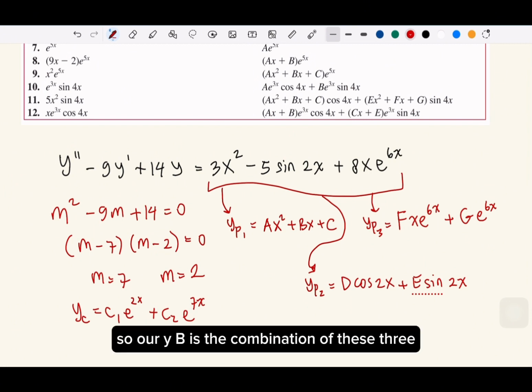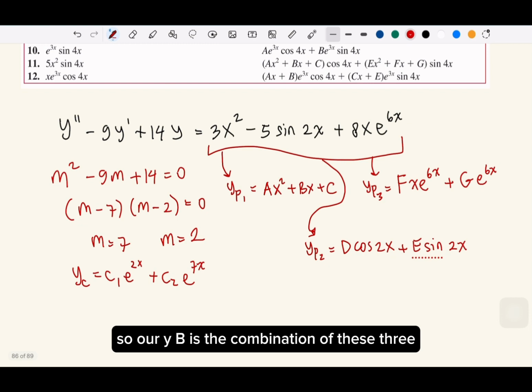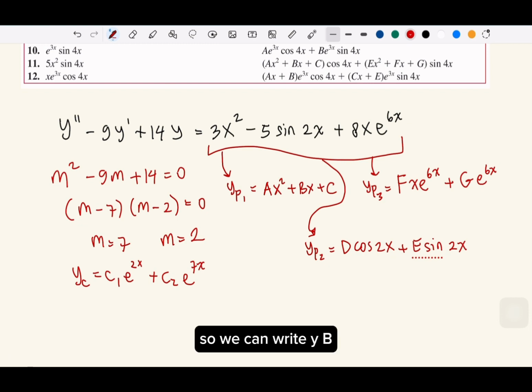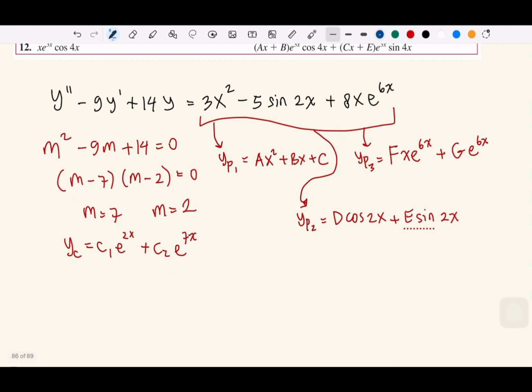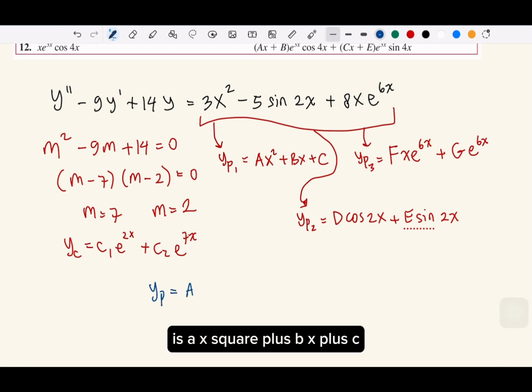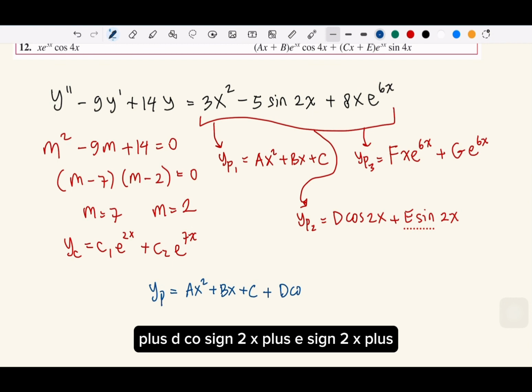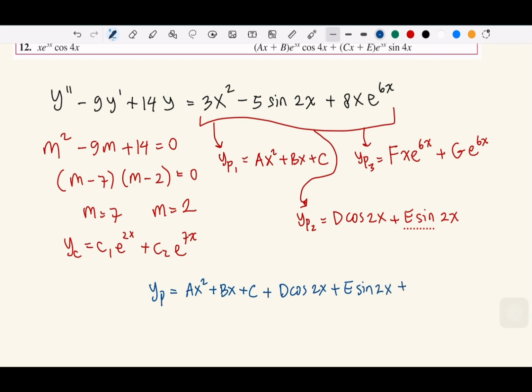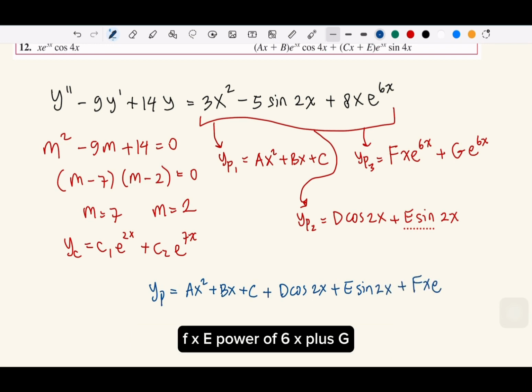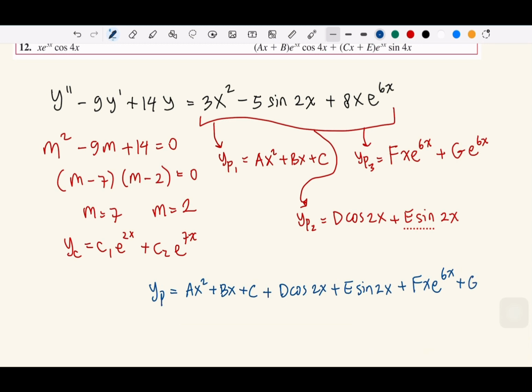Okay, so our yp is the combination of these 3. So we can write yp is ax squared plus bx plus c plus d cosine 2x plus e sine 2x plus fx e to the power of 6x plus g e to the power of 6x.